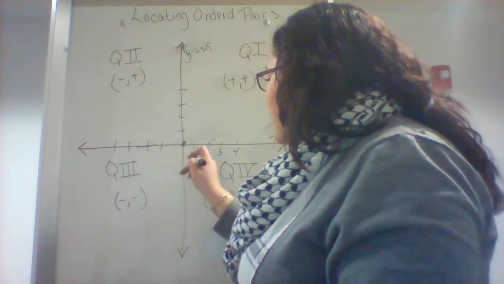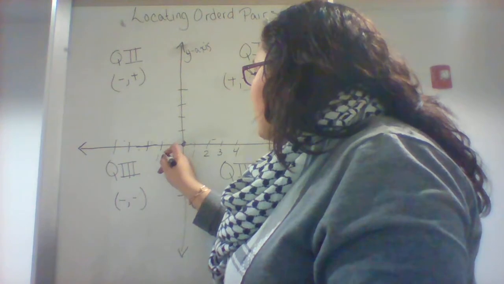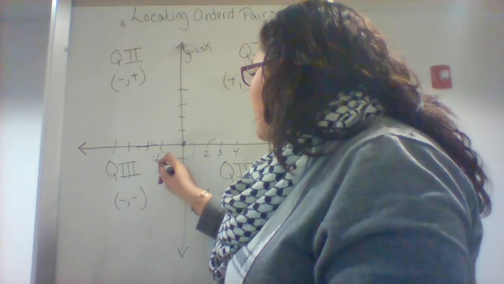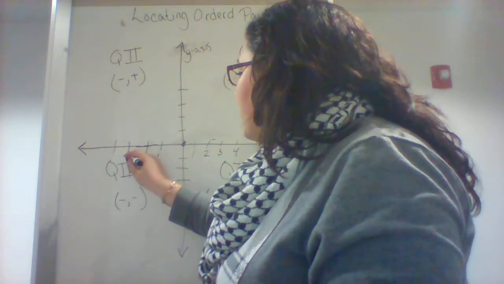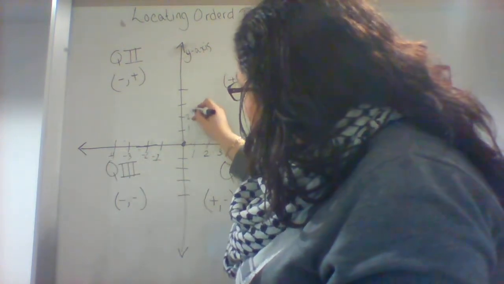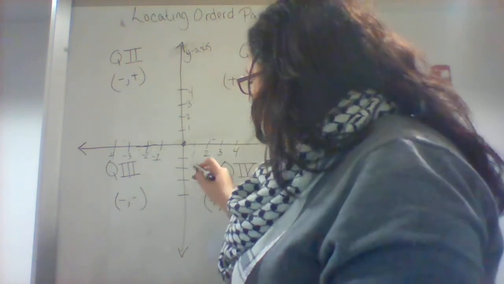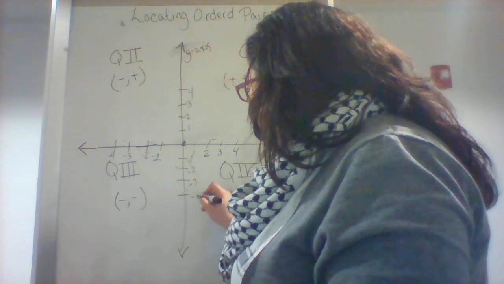But these are going to be negatives. So that's negative 1, negative 2, negative 3, negative 4. 1, 2, 3, 4. Negative 1, negative 2, negative 3, negative 4.